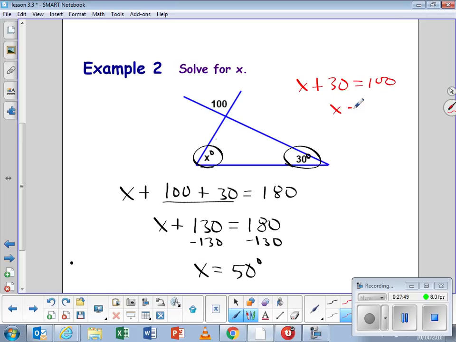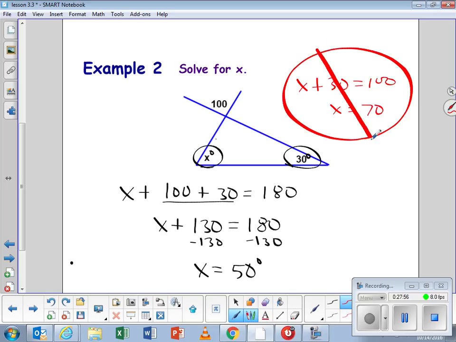Then when they subtract, they get x is equal to 70. That is not correct. 100 is not an exterior angle. So we cannot use the triangle exterior angle theorem that says these two remote interior angles add up to that exterior angle, and then use 100 for our exterior angle. We can't do that. Okay?